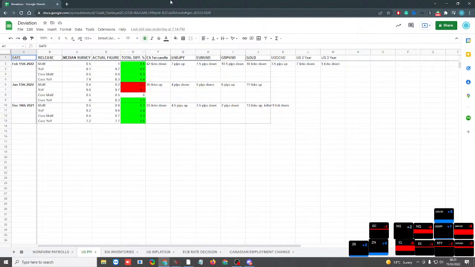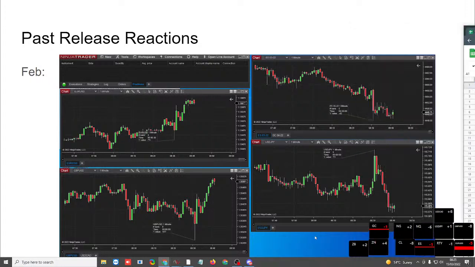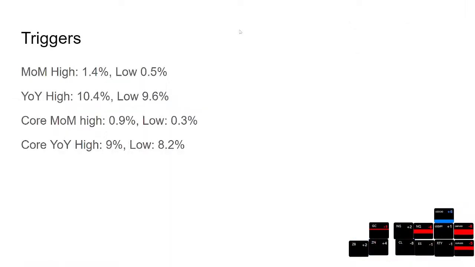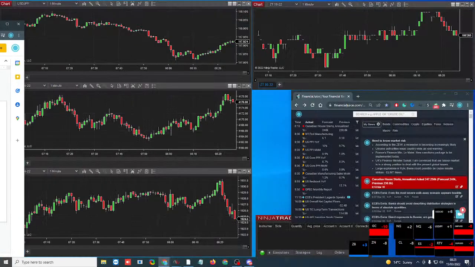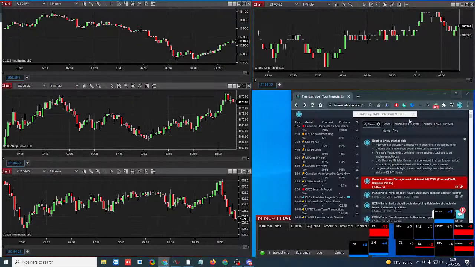So what we're looking for, if we go through the estimates and triggers, for what we've got to be aware of: the month-to-month, the high estimate, we're looking for about a 0.5 deviation there. So let's look at the current forecast that we have for the PPI data.